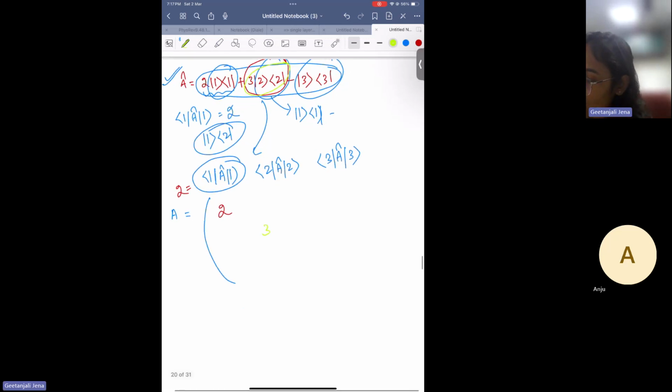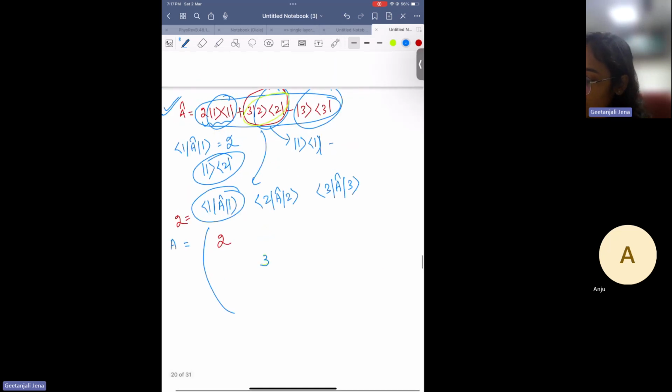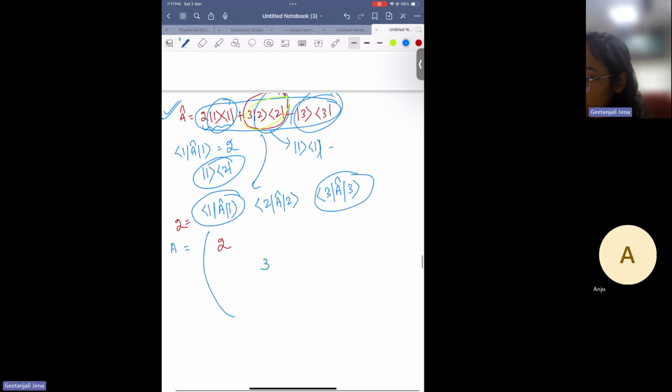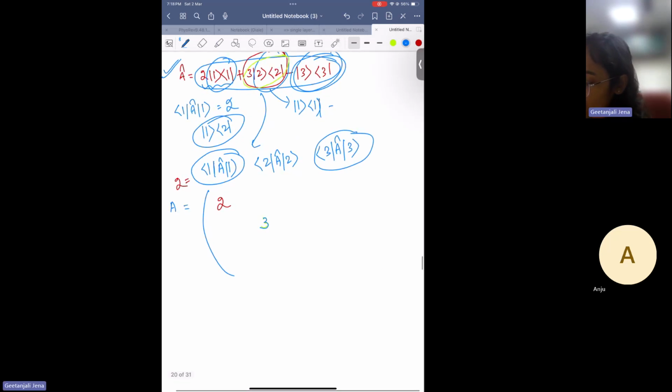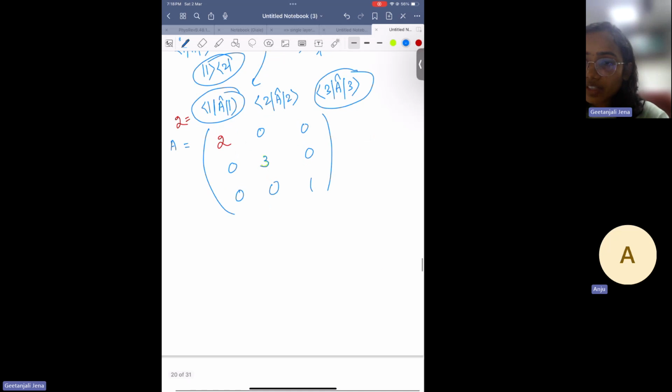I think this one is not visible, so let me write it again. The other terms are 0. If you have a diagonal matrix like this, then the eigenvalues are nothing but the diagonal elements.